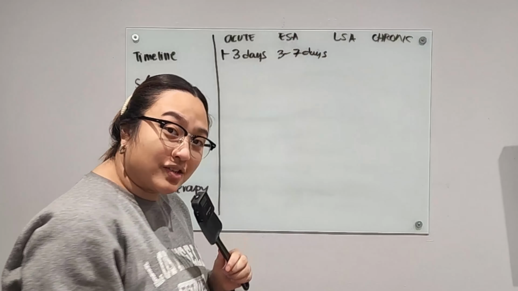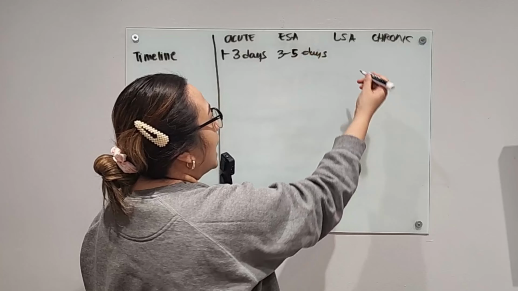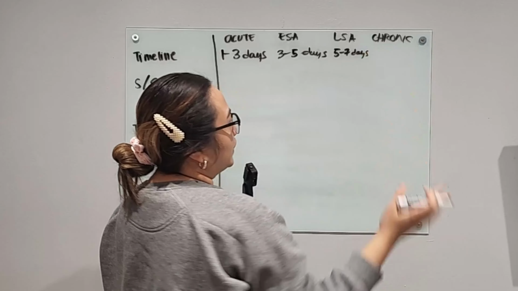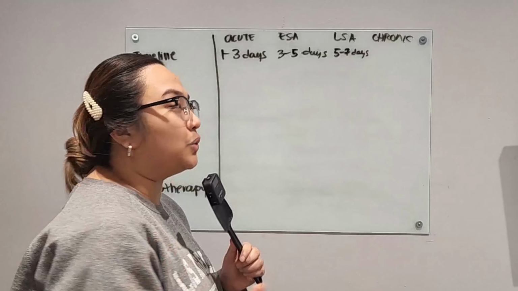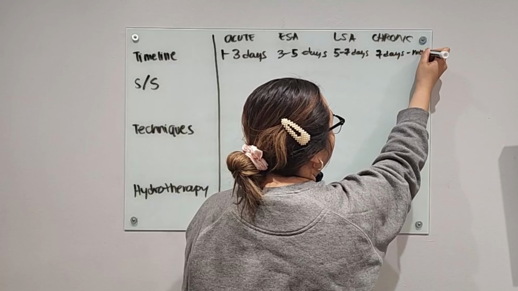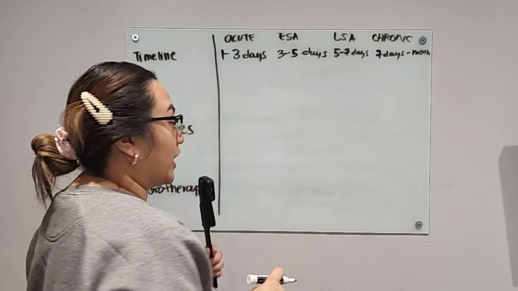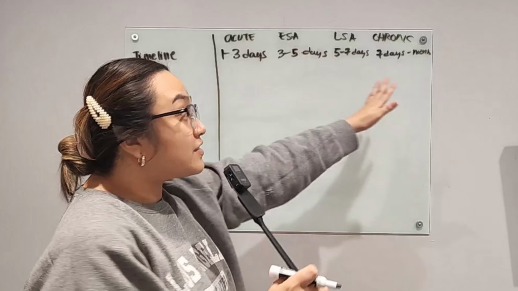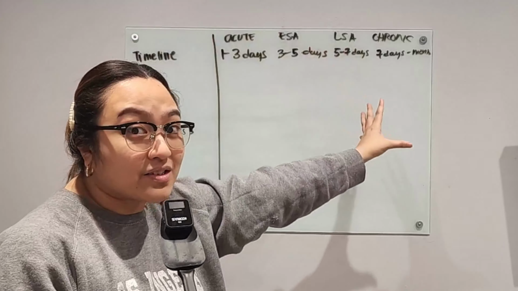Or maybe 3 to 5 days. But if it's like 5 to 7 days, then we're going to consider it as late subacute. But if it's 7 days to months, then I'm going to consider it as chronic. Obviously, depending on the severity of the condition, this does not always match. So take that with a grain of salt.